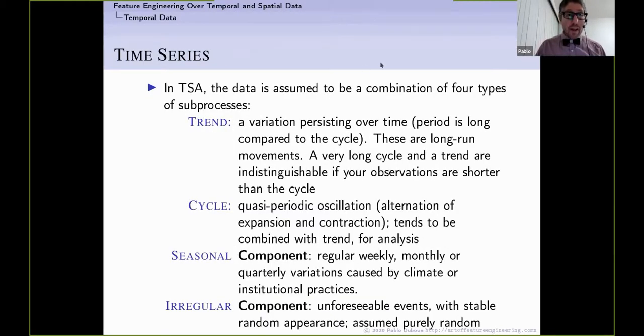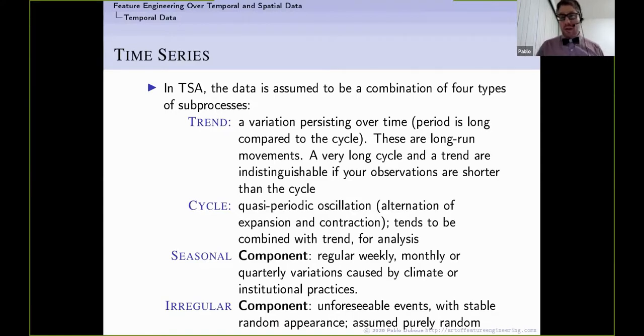Then for a time series, it's a topic that is studied more in statistics than in machine learning, and it predates computers.